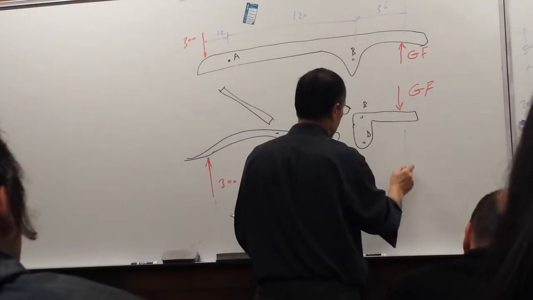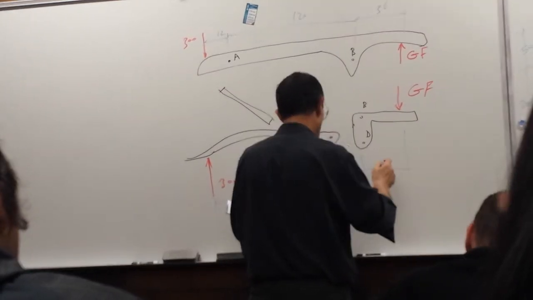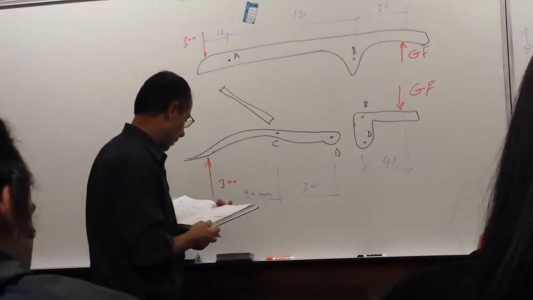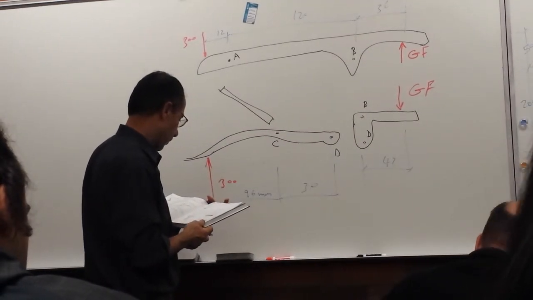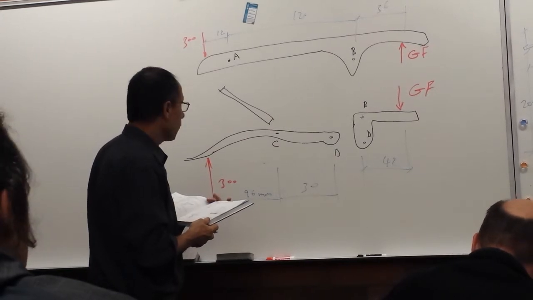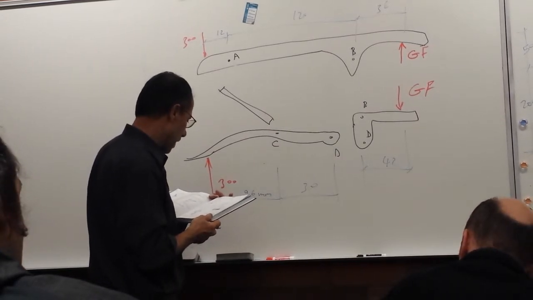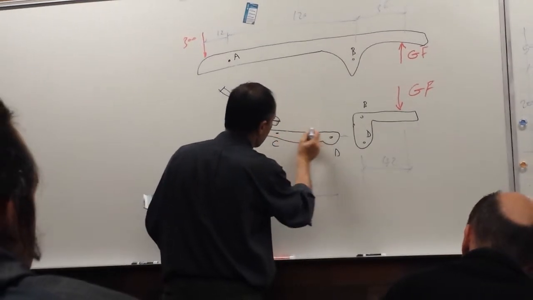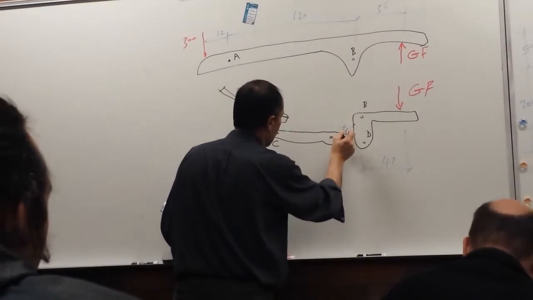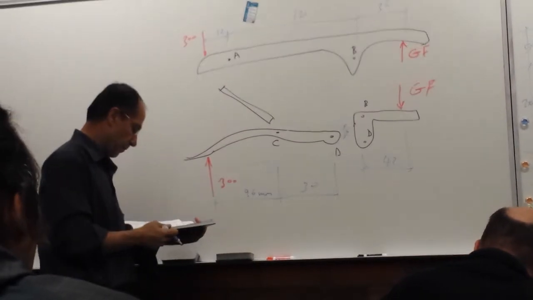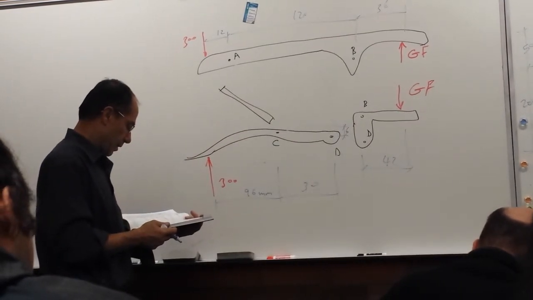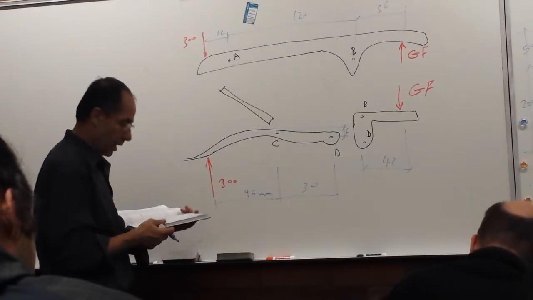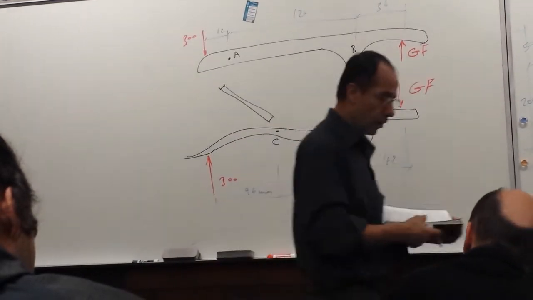This one here is 42. Between these two, I have 6 millimeters here. Look, between this one and this one here, I have 6 millimeters. And then I have 30 from A to the other. Let's leave the 30 for later on.